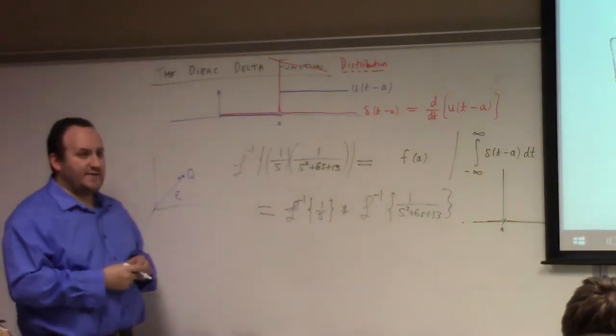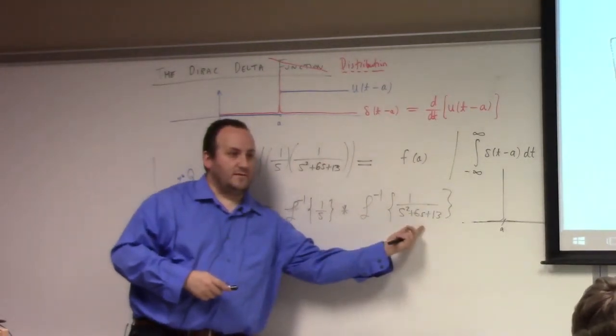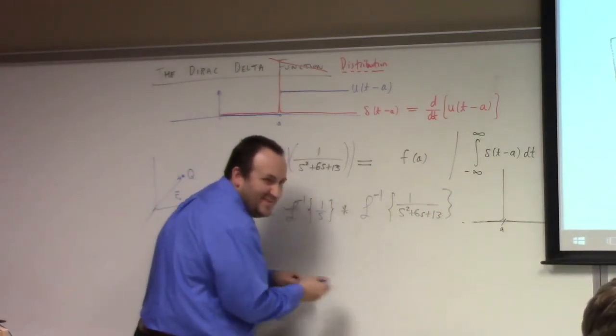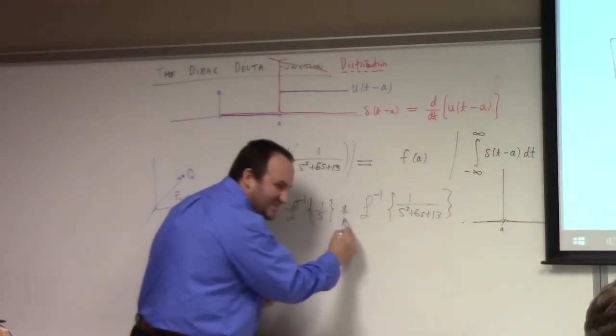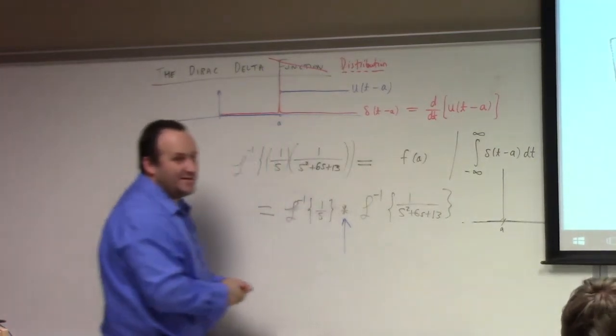I hope you can see why that's valuable, because these are straightforward to find. But then the devil's in the details. What does this mean? What is that convolution product? What is that actually? There must be a cost.